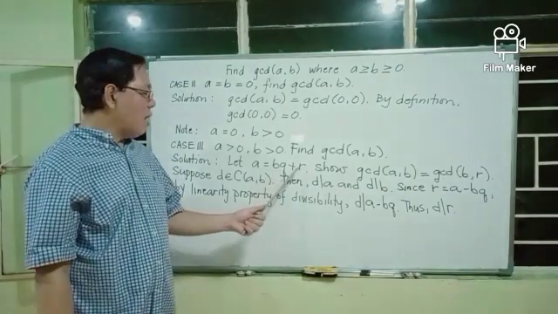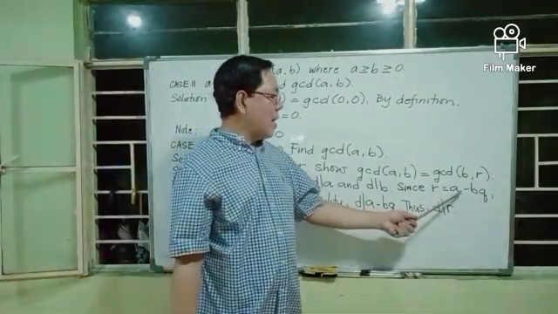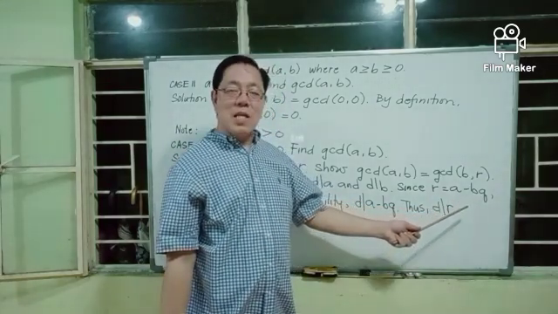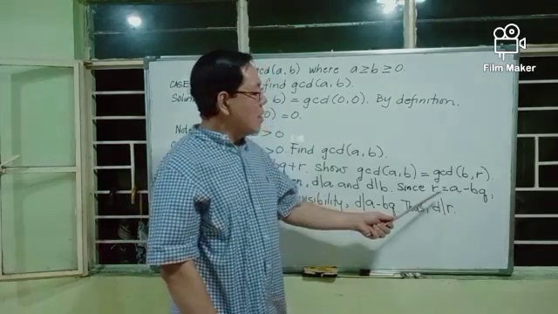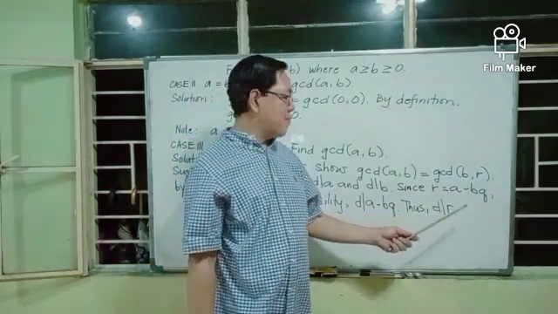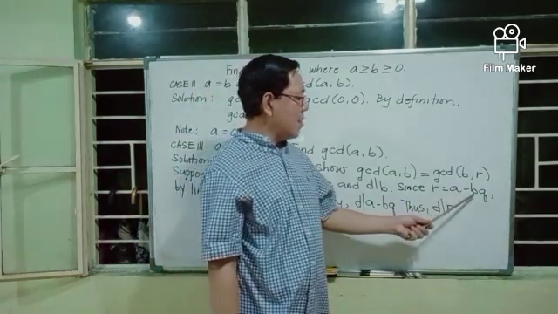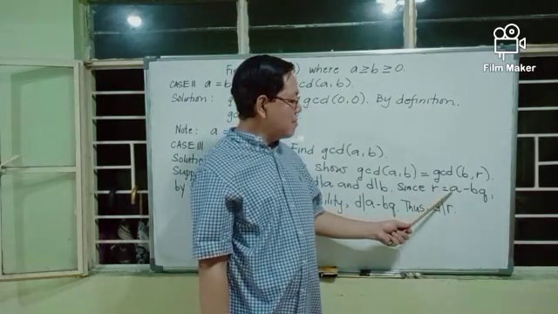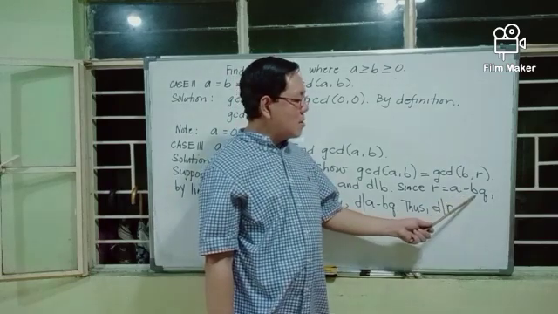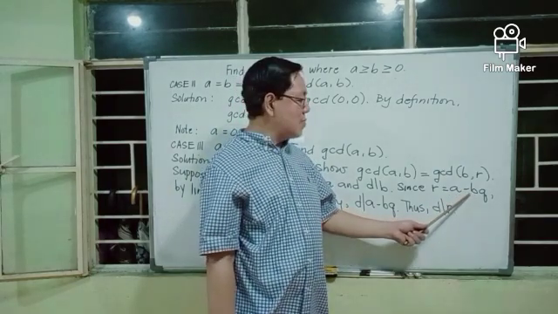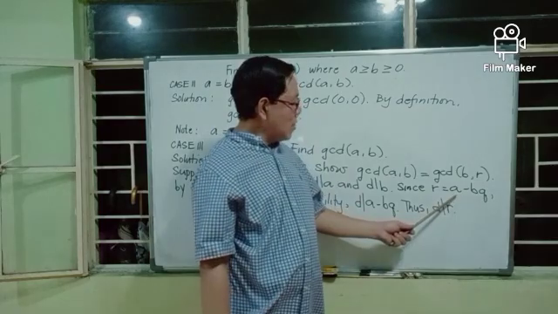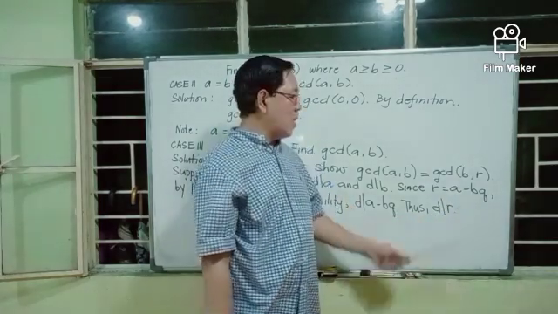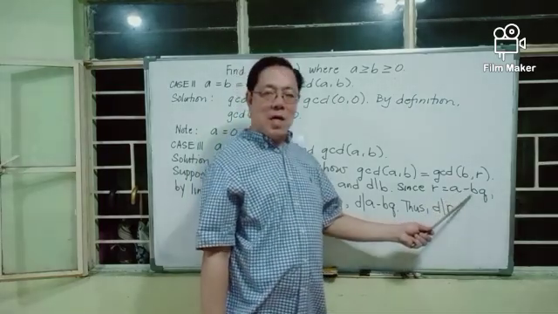Because we have written R as A minus BQ, this expression represents a linear combination of the integers A and B, where the numerical coefficient of A is 1 and the numerical coefficient of B is minus Q.